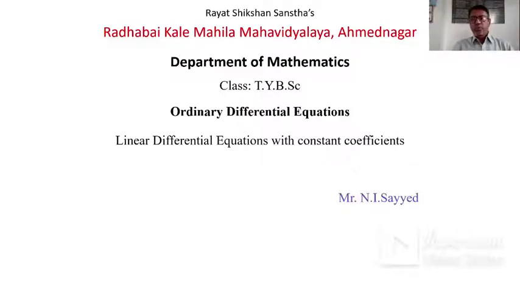In the second theorem, we have seen that if f of D is equal to D minus a to the power r into phi of D, where phi of a is not equal to 0, then 1 upon f of D operate on e to the power ax is equal to 1 upon D minus a to the power r into phi of D operate on e to the power ax, and this is equal to x to the power r e to the power ax upon r factorial into phi of a.